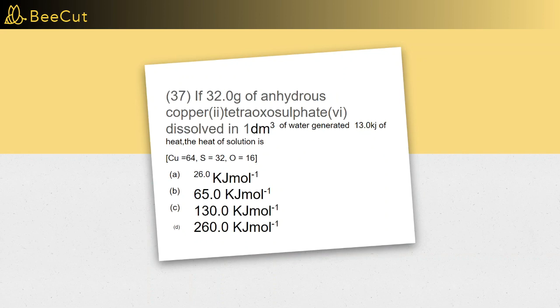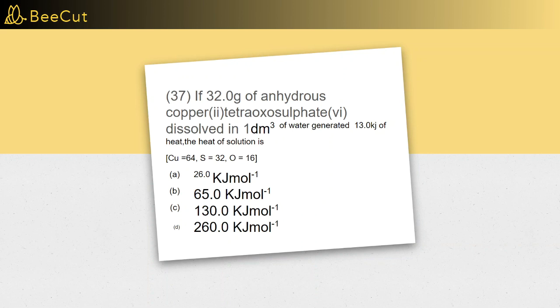37. If 32 grams of anhydrous copper II tetraoxosulphate VI dissolved in 1 dm³ of water generated 13 kilojoules of heat, the heat of solution is what? We're given the mass of copper to be 64, sulfur 32, oxygen 16. From this, how will you do it? Just move forward and calculate the molar mass for copper II tetraoxosulphate VI: 64 plus 32 plus 16 times 4.